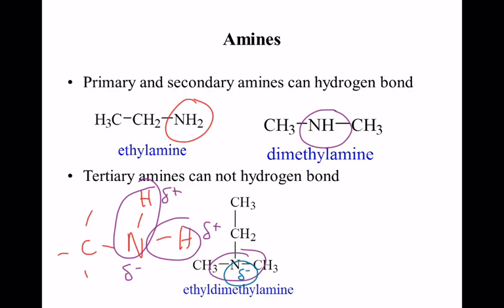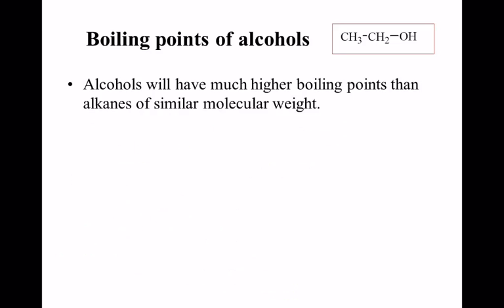So it can hydrogen bond, but not with itself, because it doesn't have a free hydrogen in its pure state that's bonded to another nitrogen or oxygen or fluorine. So it's possible to hydrogen bond in a mixture. So I feel like this is kind of review stuff, so don't go to sleep.